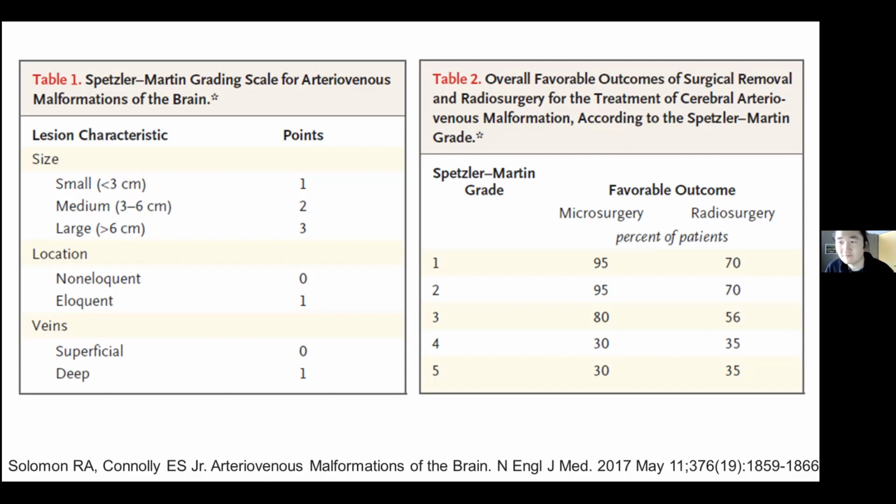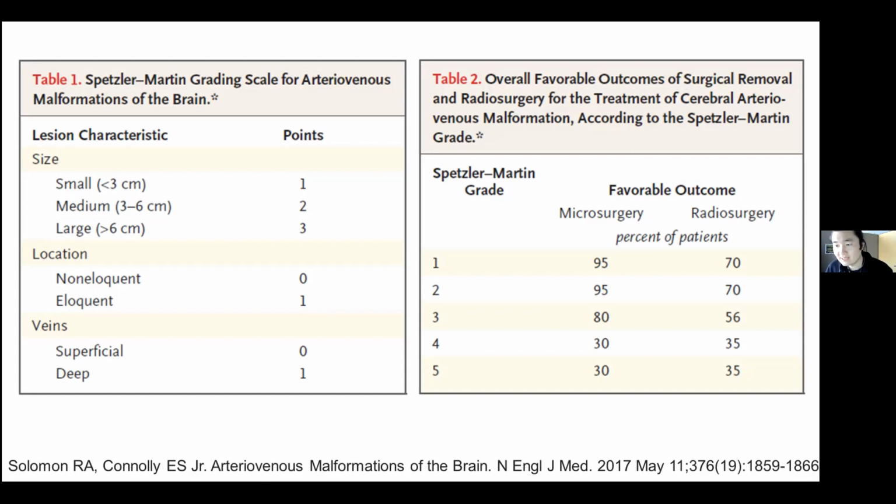Deeper structures were defined as things like the internal capsules, the basal ganglia, the thalami, the brainstem, and the cerebellar peduncles. And deep venous drainage was defined as any or all of the outflow of the AVM entering the deep veins, like the internal cerebral veins.